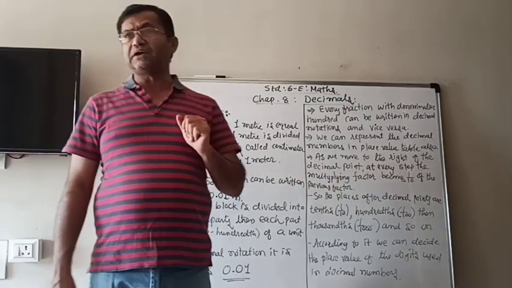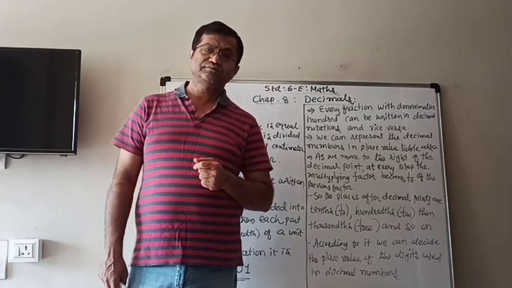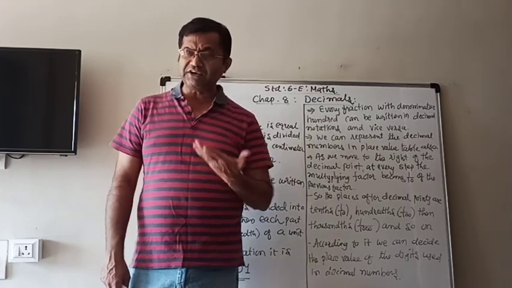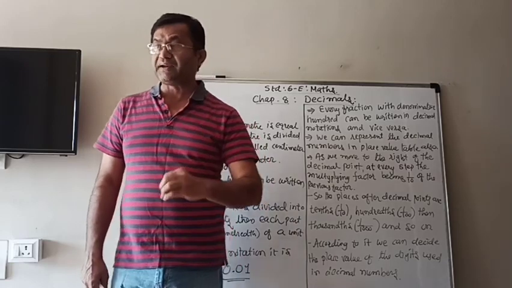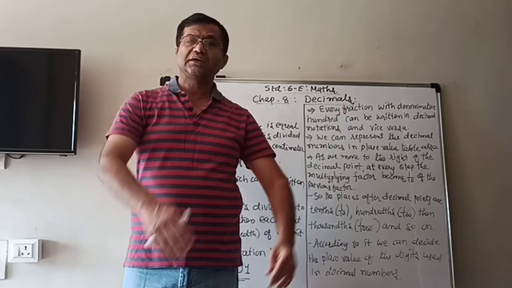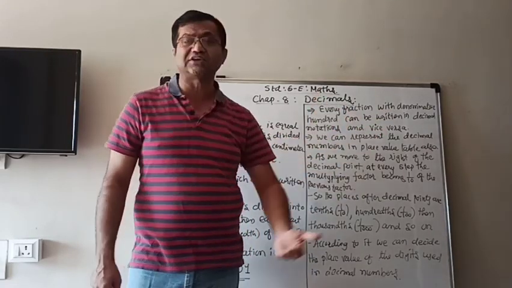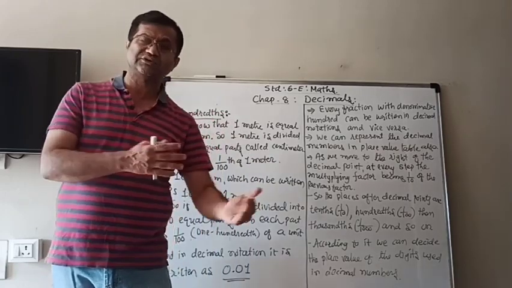It means that when a fraction is given and it has 100 in the denominator, we can easily convert it into decimal notation and vice versa.